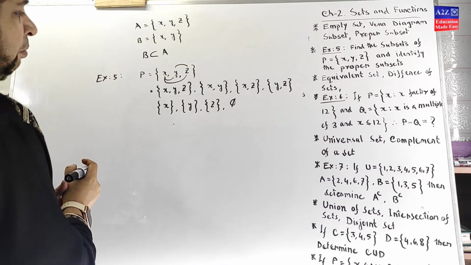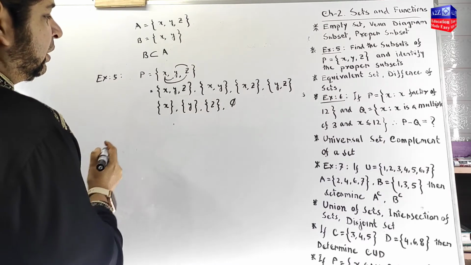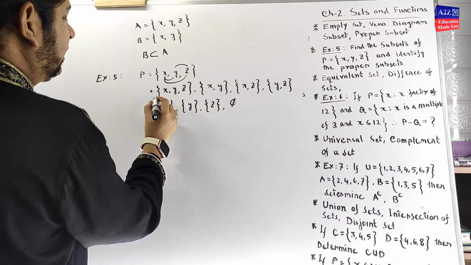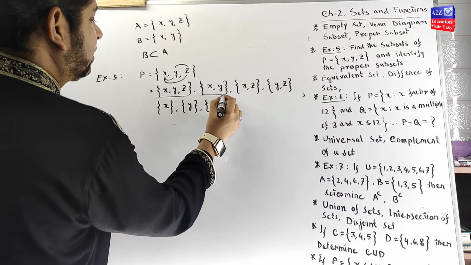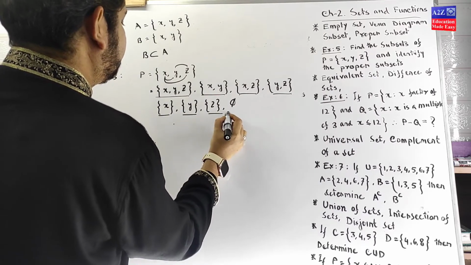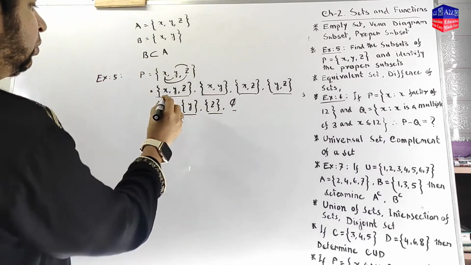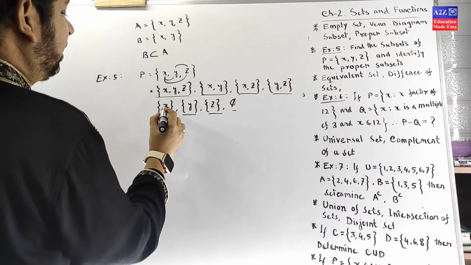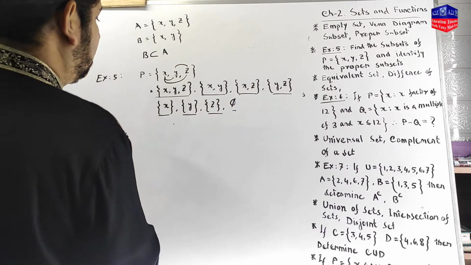So the number of subsets is basically 8: 1, 2, 3, 4, 5, 6, 7, 8.